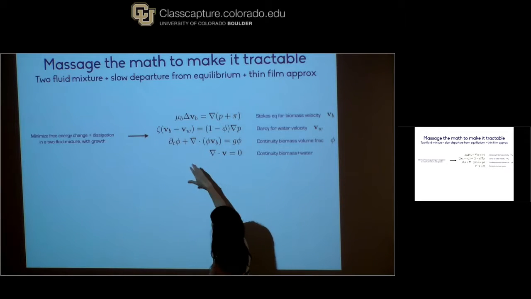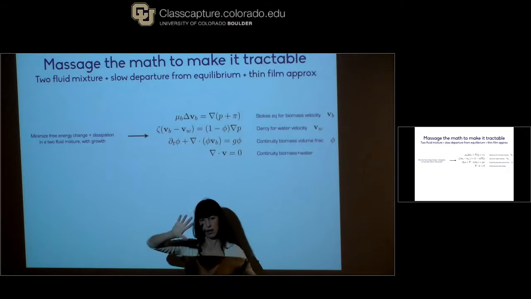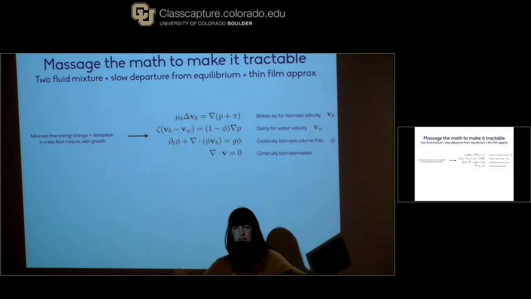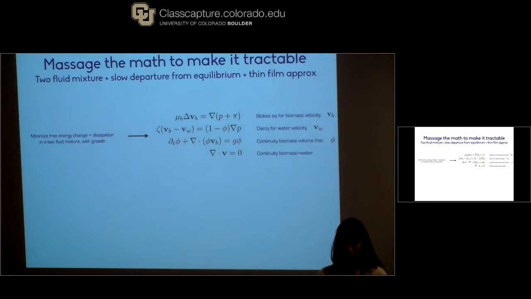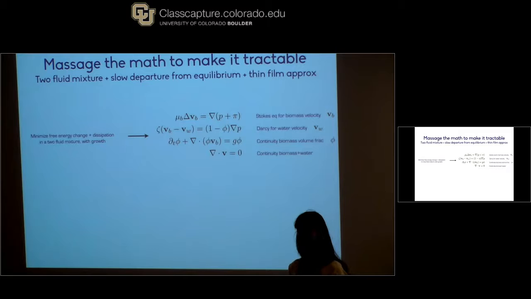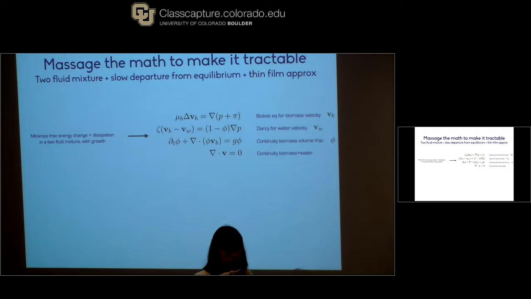And then water would move through this network of polymers and cells through a well-known law, which is called Darcy's law, and it's typically used for understanding how water flows in porous materials, where you have pores of some kind created by the structure of the system, and water flows through it.